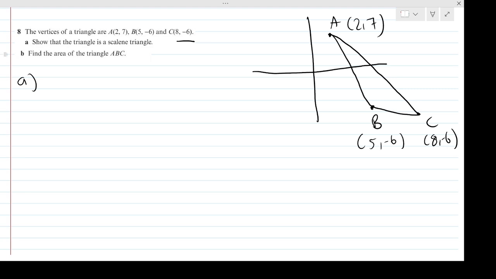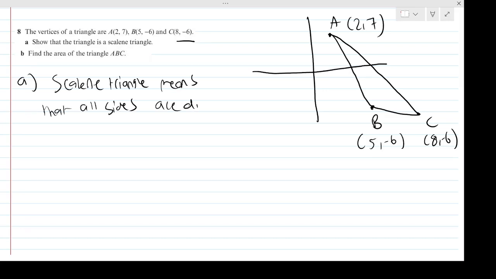You've got an equilateral triangle, where all sides and therefore angles are equal. You've got isosceles, where two of the three sides of the triangle are equal. Well, scalene is where none of them are equal. So a scalene triangle means that all sides are different.